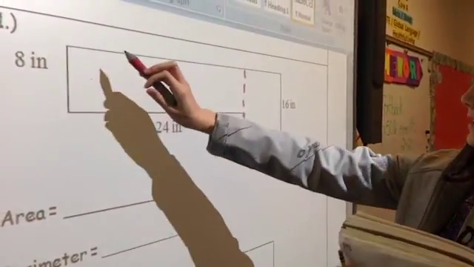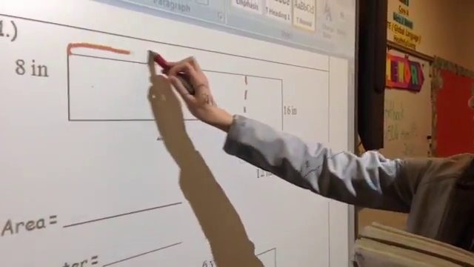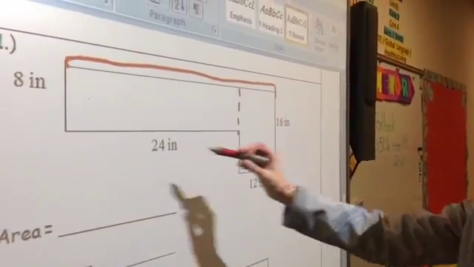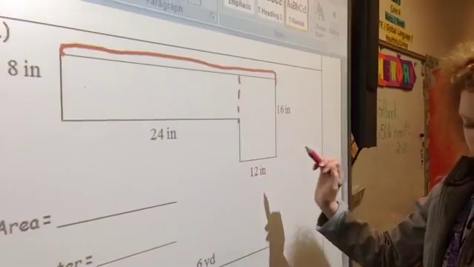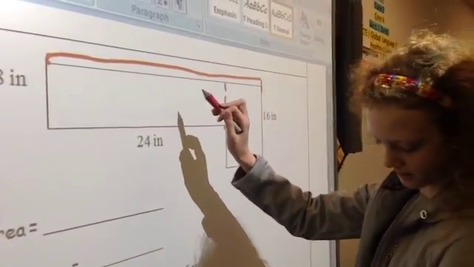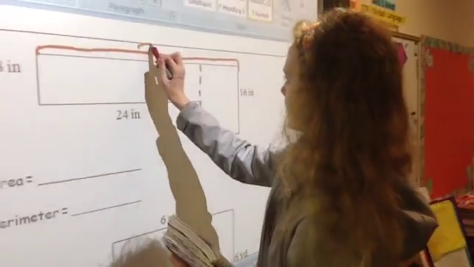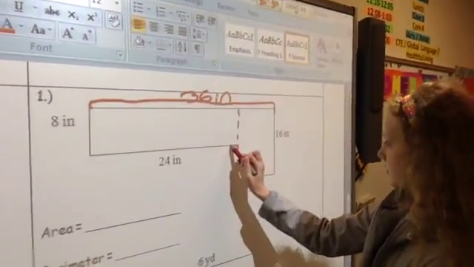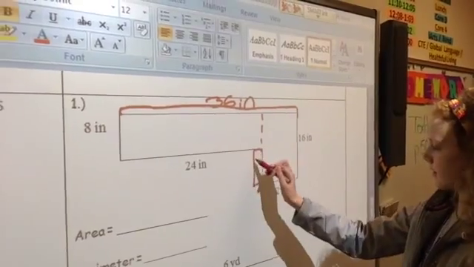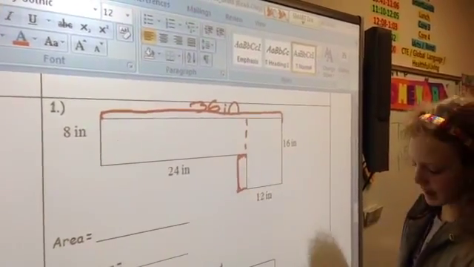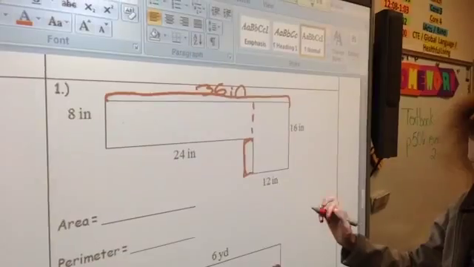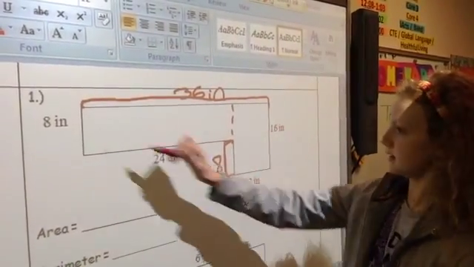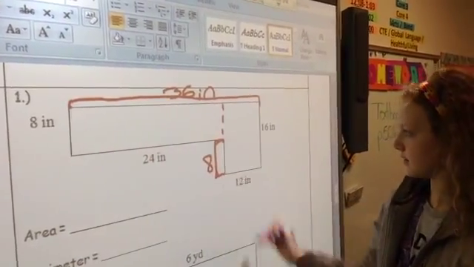So to find this, I did 24 plus 12, and that got me 36 inches. And then to find this missing side, I got 8 inches because I did 16 minus 8 is 8.